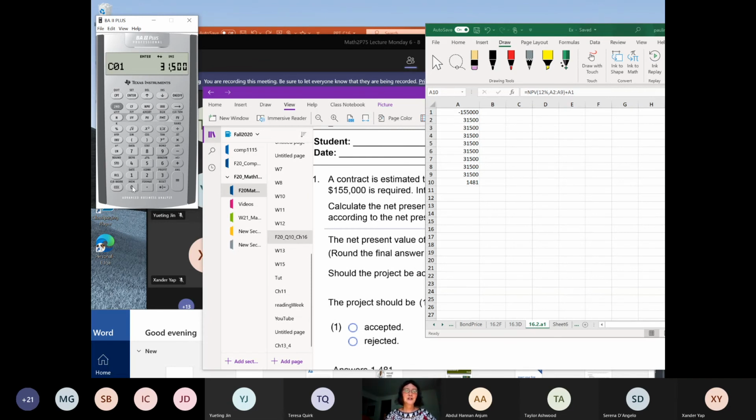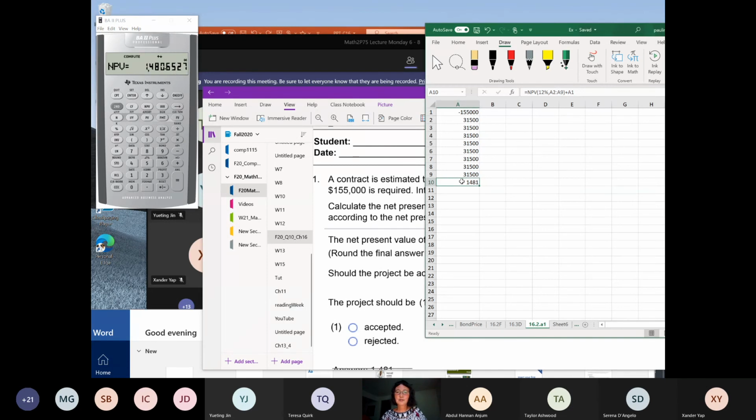Okay, it is 31,500. Enter. Down arrow key. This number happened 8 times. Enter. Down arrow key. After that, you press NPV button. I is 12. Enter. Down arrow key. NPV, then CPT compute. See, $1,480 and 65 cents.